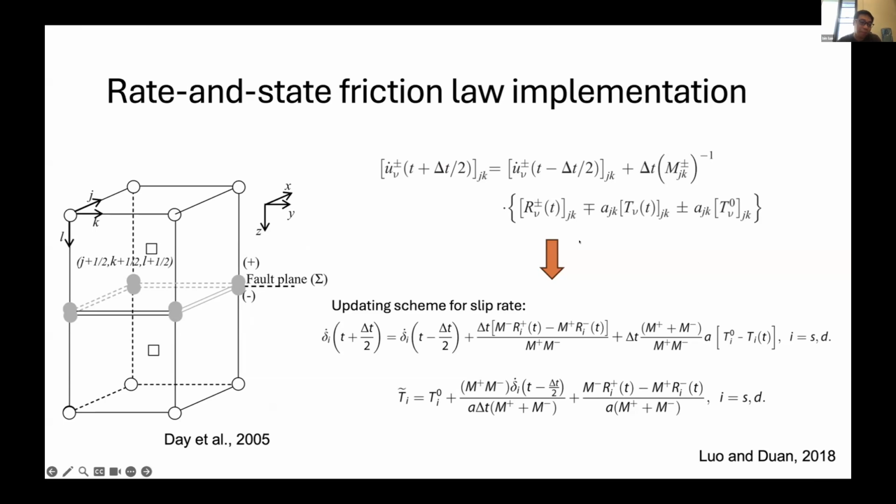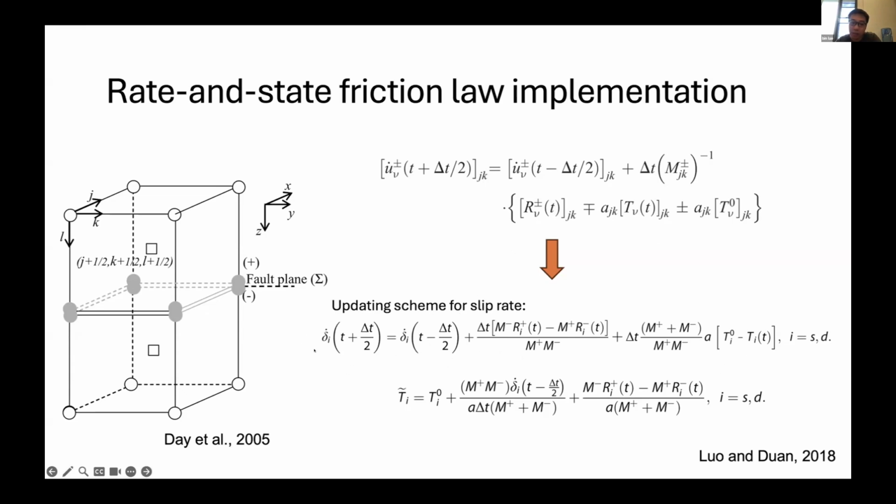At the beginning, I was trying to define some new framework to implement this friction law, but later on, I realized I should do this under Professor Steve Day's scheme. So what I did is basically to go from his velocity updating scheme to obtain this slip rate updating scheme.